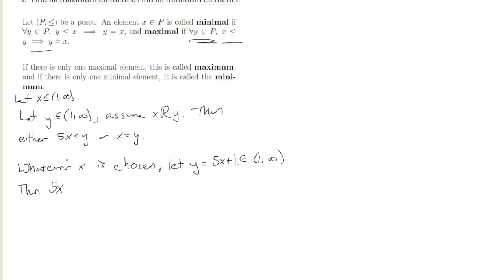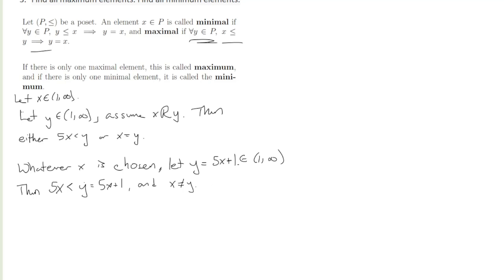Because then what I'm looking for, 5x is less than y, which is 5x plus 1. 5x is certainly less than 5x plus 1, always. And x is not equal to y. Yeah, so there we go.